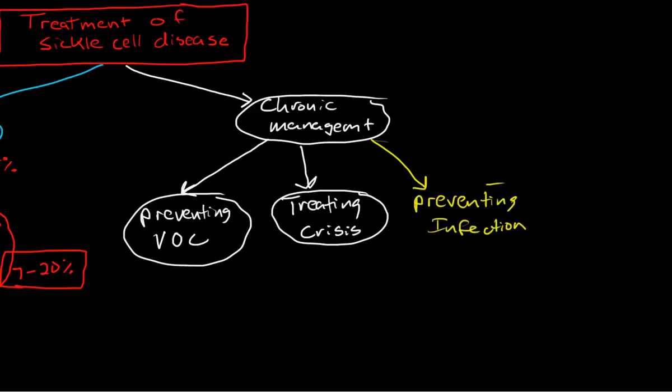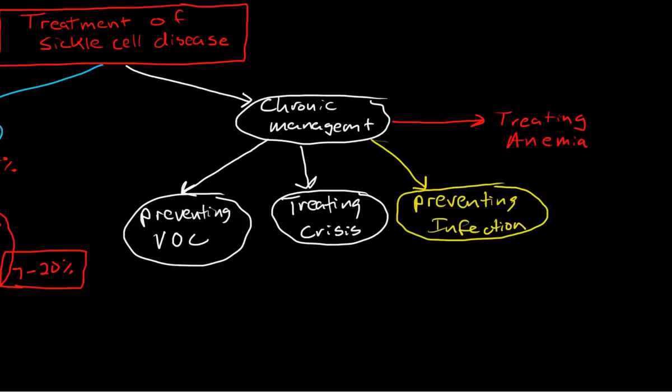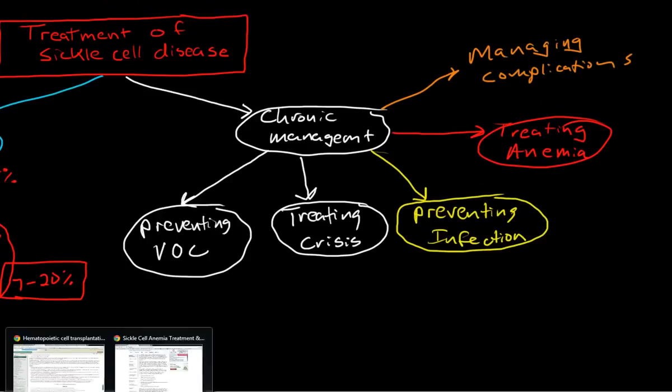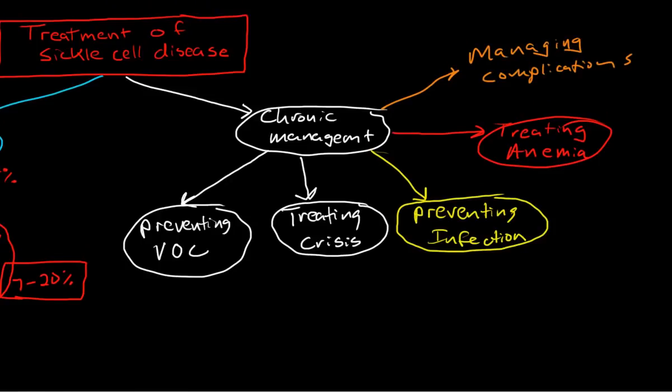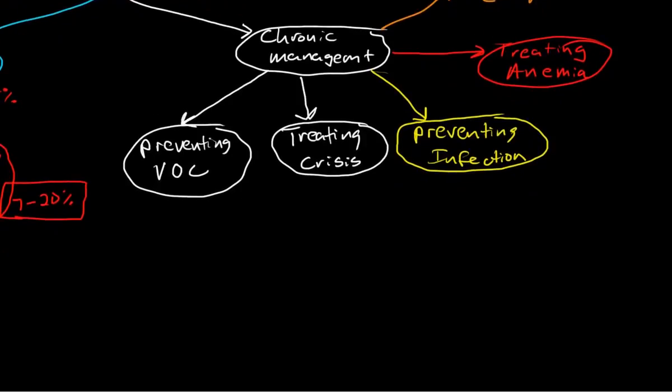Infection is actually the number one cause of mortality in sickle cell patients, so this is very important. Then we have treating anemia, because remember, the sickled red blood cells are much more likely to break down, and this can cause chronic anemia. And then we have managing chronic complications. These complications can include stroke, pulmonary hypertension, and others, and I'm going to talk about those in a separate video. So I want to talk first about preventing vaso-occlusive crises.